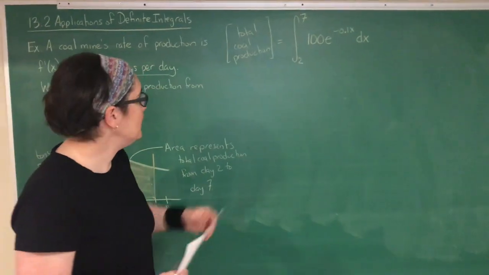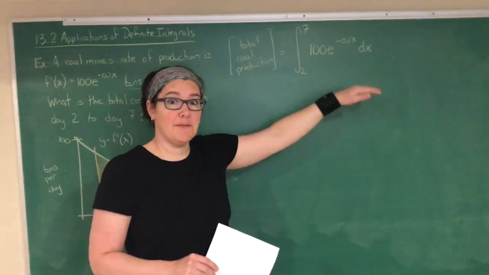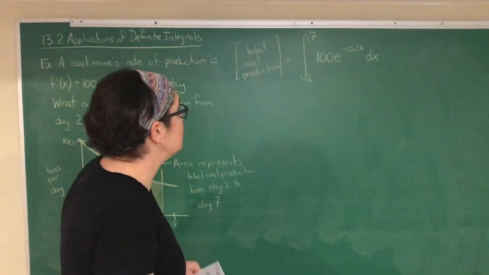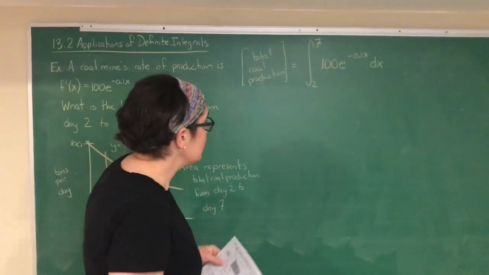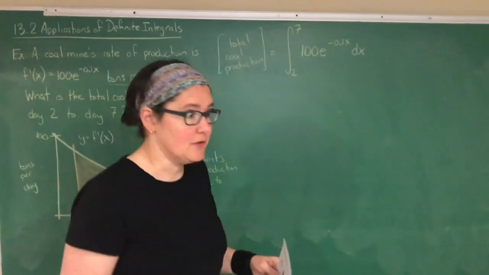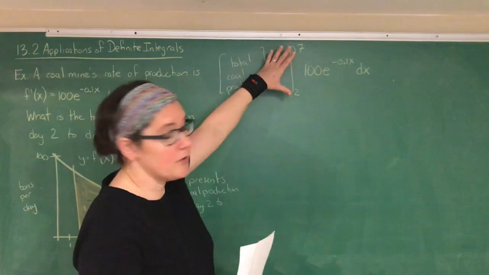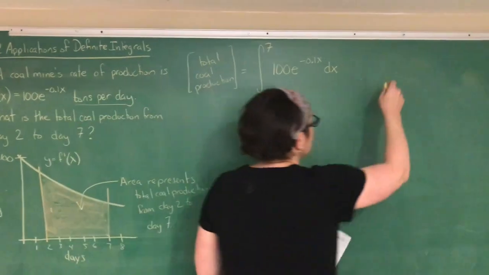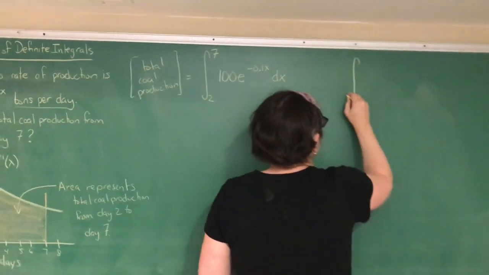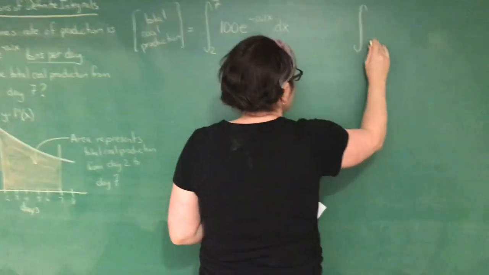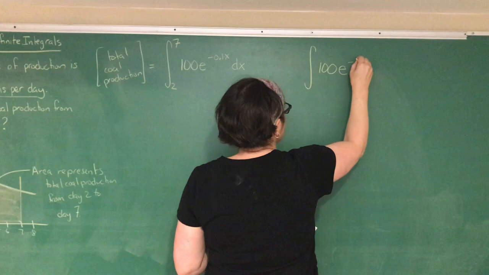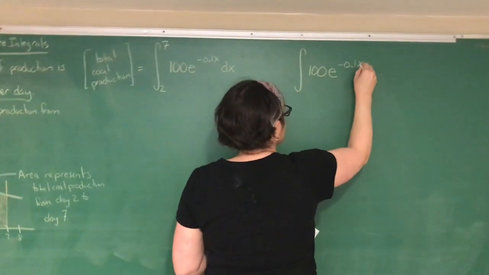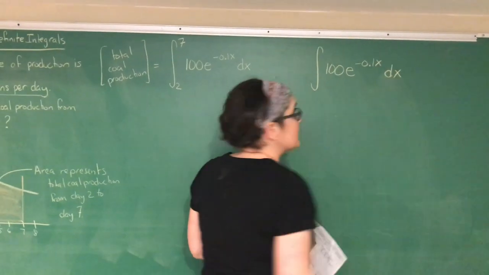So we want to evaluate this definite integral, the integral from 2 to 7 of 100 e to the negative 0.1x dx. The first thing that I do to evaluate a definite integral is ignore the bounds and evaluate the indefinite integral, which means erase the 2 and the 7, and we have the integral of 100 e to the negative 0.1x dx.